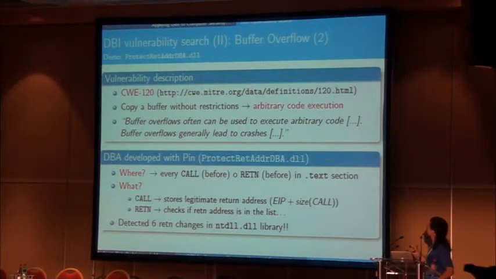What this tool is going to do is every call and every return in the text section are going to be instrumented, okay? Each time I find a call, I will store the legitimate return address, which can be computed with this formula, and each time I find a return, I will check if the return address matches the one that is in the list, okay?